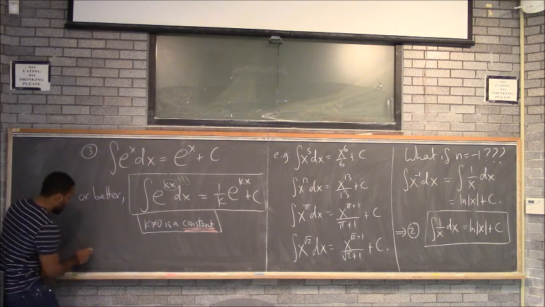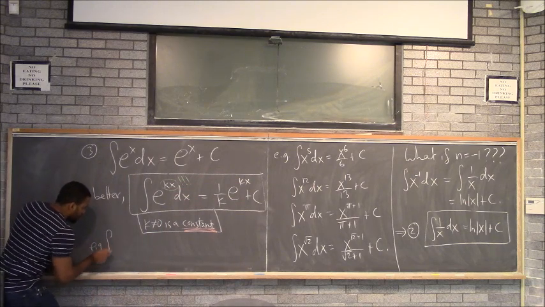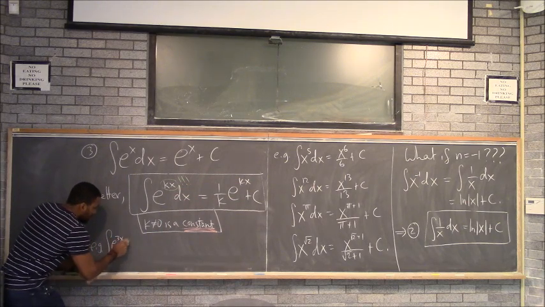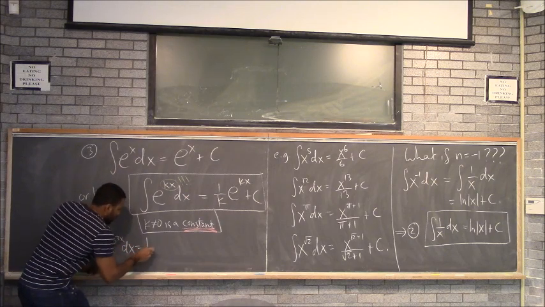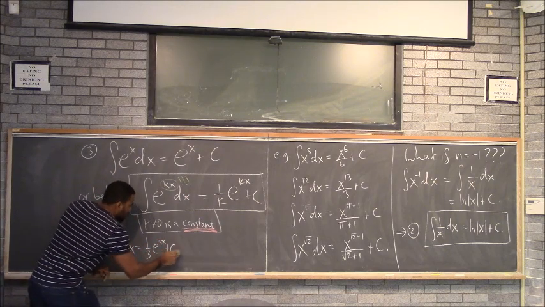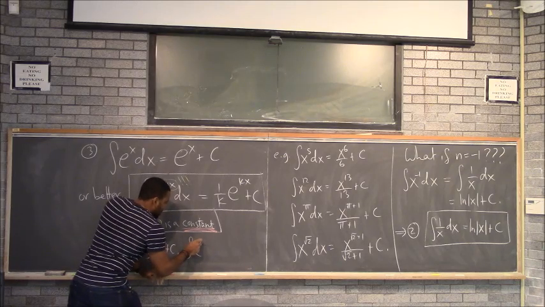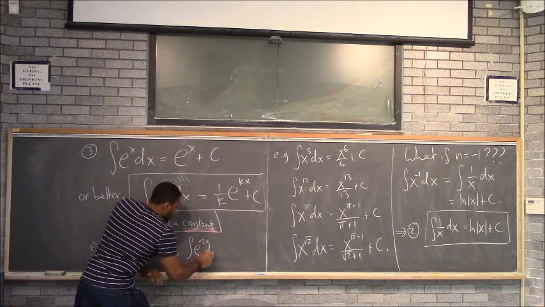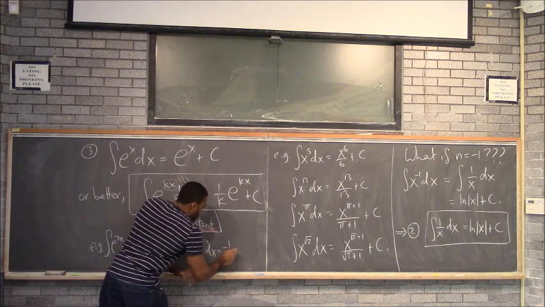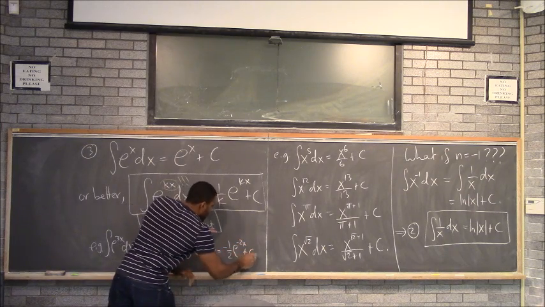Okay. So for example, if I had the integral of e to the 3x, that's 1 over 3 e to the 3x plus c. If I had the integral of e to the minus 2x, that's going to be minus 1 over 2 e to the minus 2x plus c.